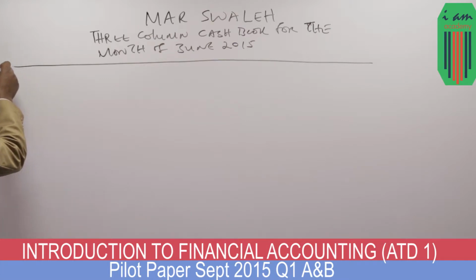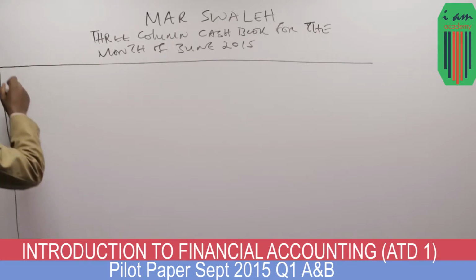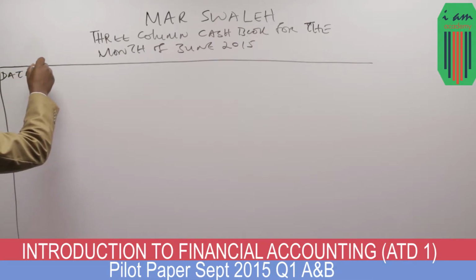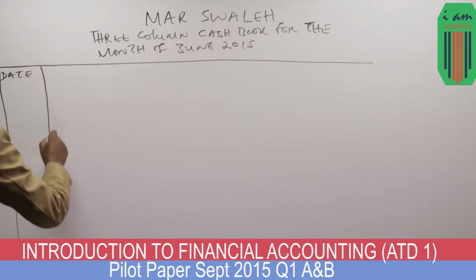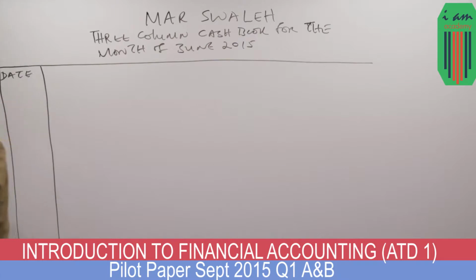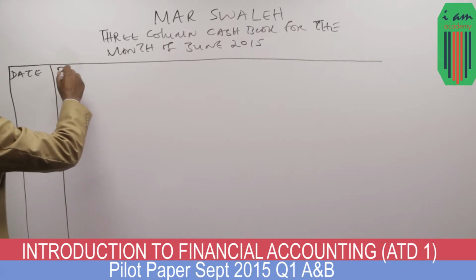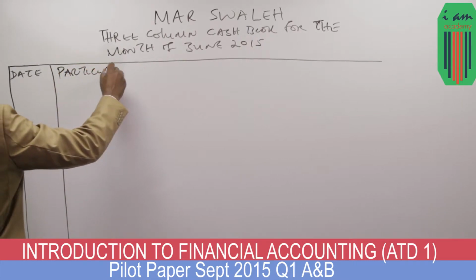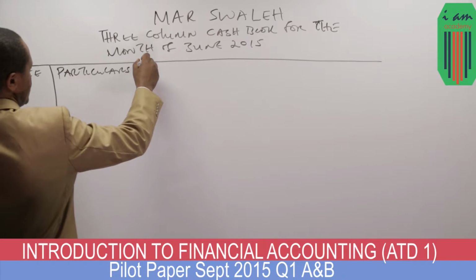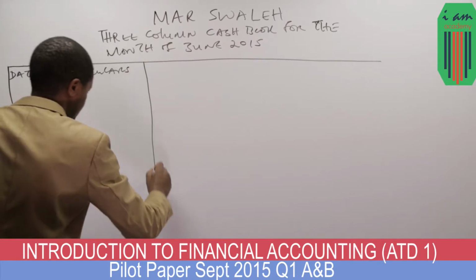A 3-column cash book has 2 sides. The first column on the debit side is the date. You need to indicate the date. Other than the date column, we have particulars, or the details. We write here the details.